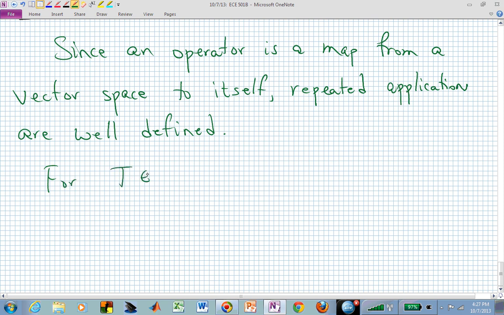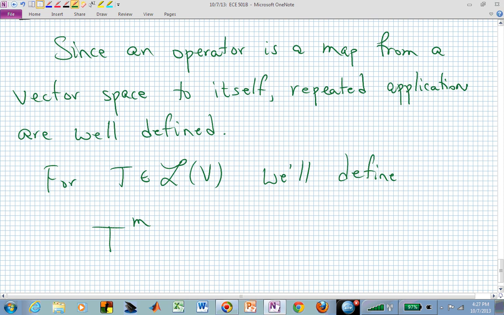Meaning, if we now have T in this set of linear operators on V, we're going to define a couple of different concepts.